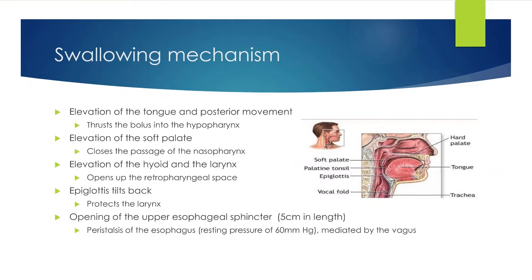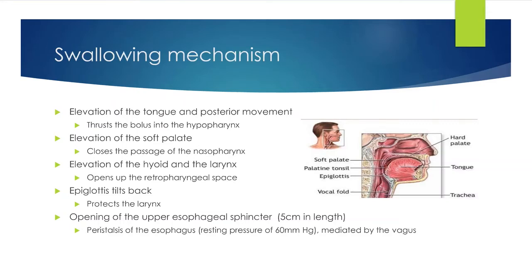Once the sphincter opens, the bolus will be in the esophagus, and that will initiate the reflex, which will lead to contraction of the esophageal muscles, or the peristalsis, which will generate an intraluminal pressure of somewhere between 60 and 80 millimeters of mercury in order to push the bolus downward. This will also be assisted by gravity.